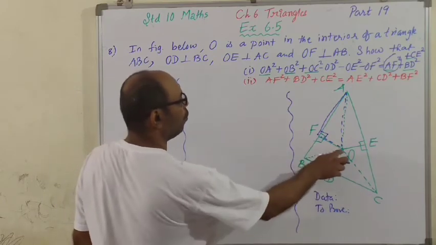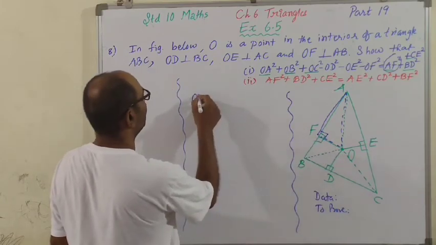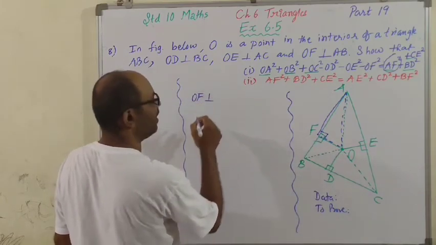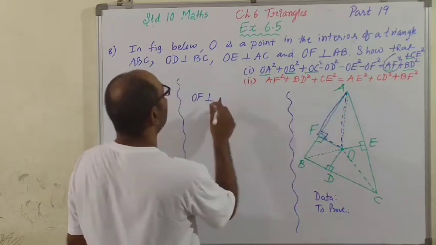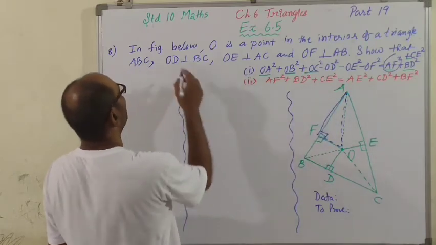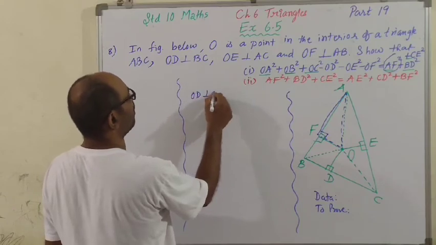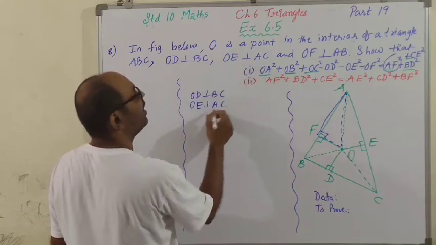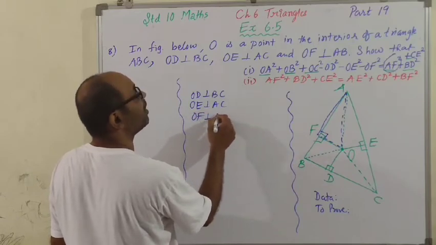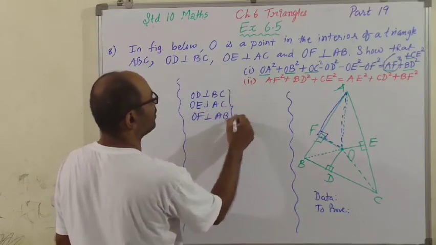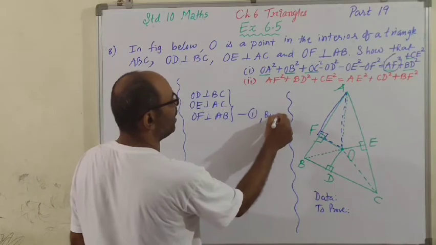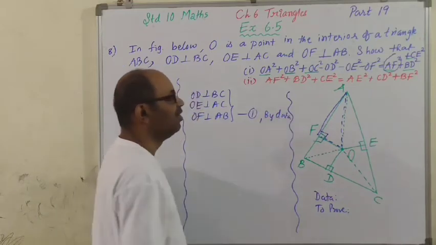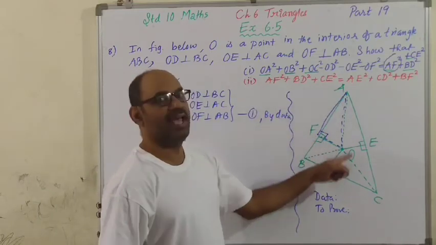OF is perpendicular to AB. These three things let me write. First is OD. OD is perpendicular to BC. OE is perpendicular to AC. And OF is perpendicular to AB. Result 1 by data. So, triangle AFO.